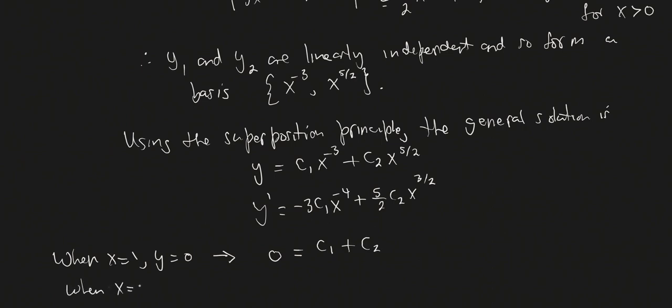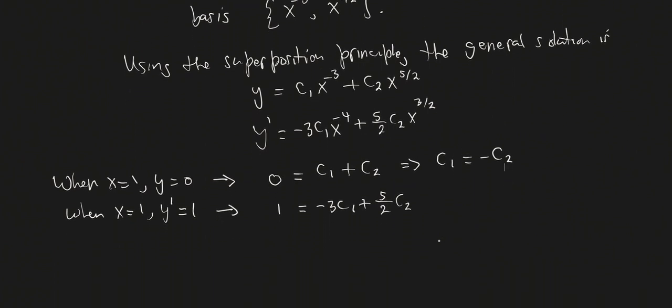When x is equal to 1, y prime is equal to 1. So we get this equation, 1 is equal to negative 3c1 plus 5 halves c2. Now, since in the first equation we have an equals 0, we can say that c1 is equal to negative c2. So if I just wanted to use a really basic substitution, I could do that. Then in the second equation, replace this with negative c2.